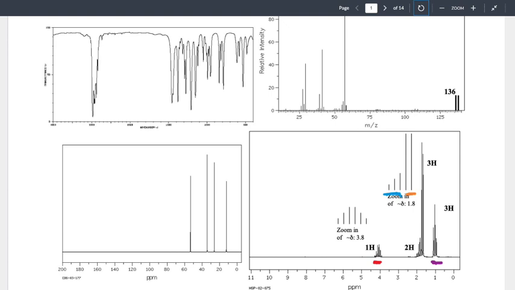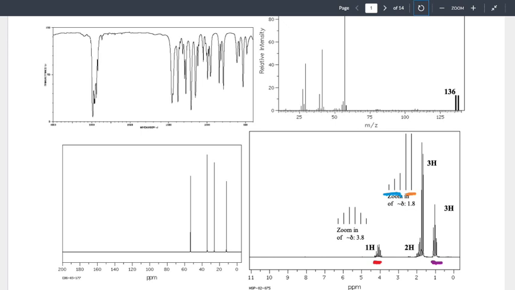Is that what we use to generate this? No. Isn't this going to generate the same plot? Yeah. And that becomes the problem with integration. Integration only sets you up with the ratio. It's not the number of hydrogens. So we have to be real careful on that.